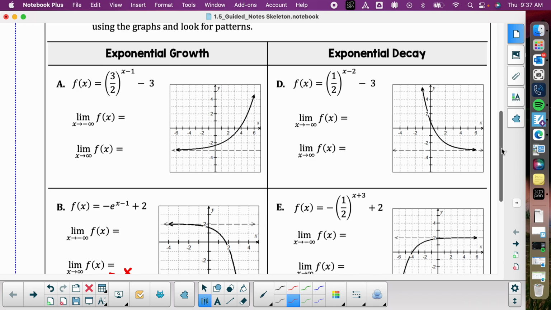Decreasing means down. Good. So if I were to get this, what I would look at, because you're not going to have a picture, I would see 3 halves, and I know it's growth. I know it's down 3.